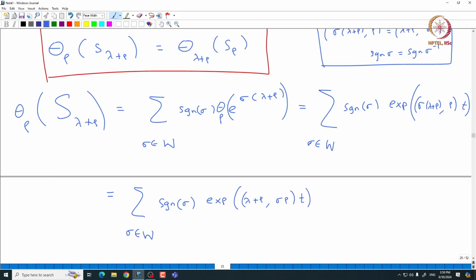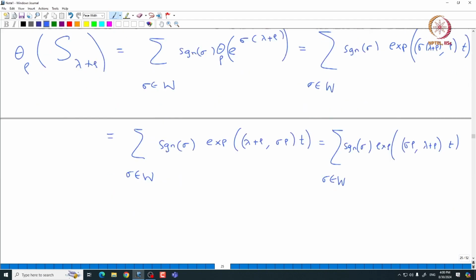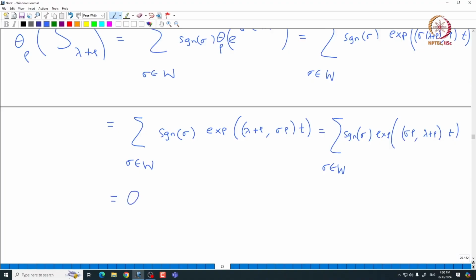Now the inner product is indeed symmetric. So, this is the same as the summation of sign of sigma times the exponential of sigma rho comma lambda plus rho times t, where sigma is in W, and this is exactly equal to theta of lambda plus rho applied on S of rho, because S of rho is nothing but the summation of sign of sigma times e power sigma rho.